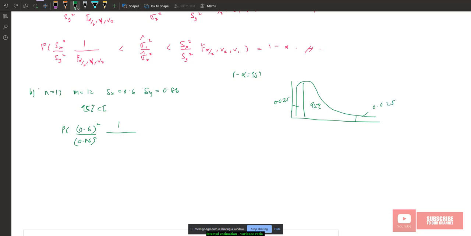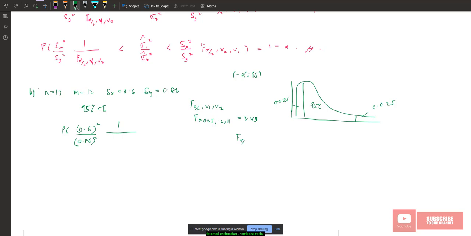So f alpha divided by 2, v1 and v2, this is f 0.025, v1 is equal to 12 and v2 is equal to 11, right? So this one should be 3.43, right? By looking at the statistical table.